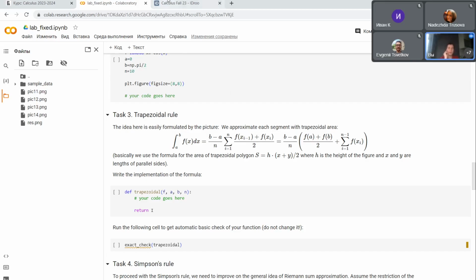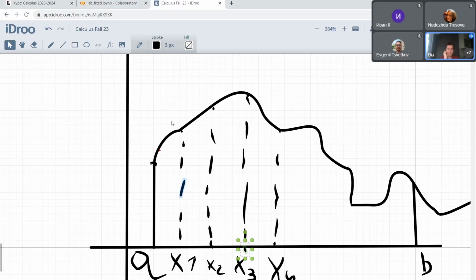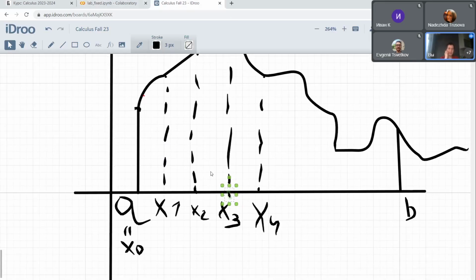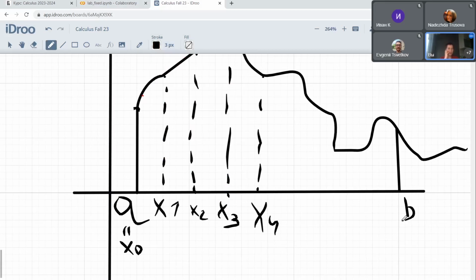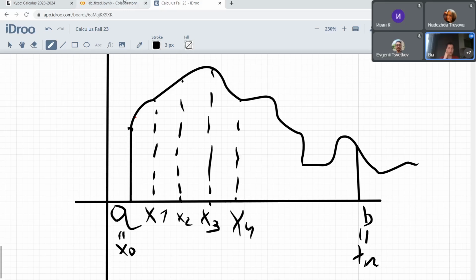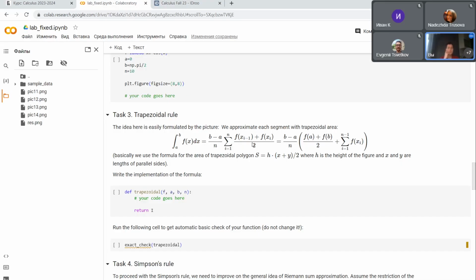So we have the following idea. With the same logic, we have some amount of points, and we build a uniform partition of the segment. But now we multiply the length of the segment by the average of f(x_{i-1}) and f(x_i).